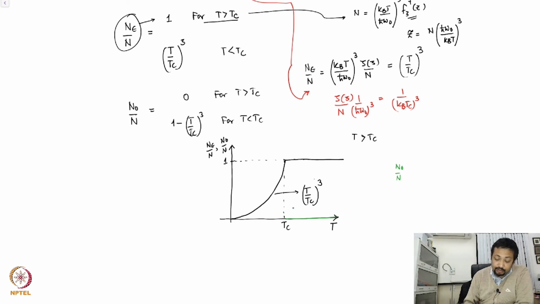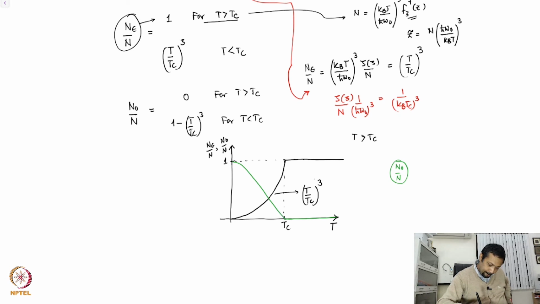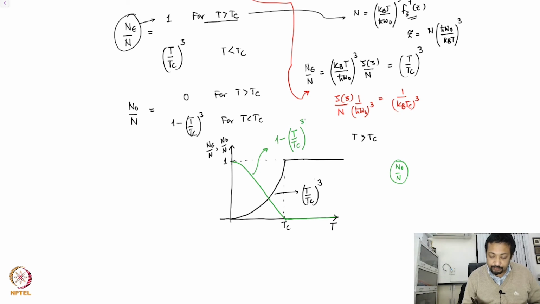As you keep on reducing the temperature below Tc, you start populating the ground state more and more, so that at T equal to 0, this ratio is 1. And therefore, you have a nice plot. Let's do it a little bit more carefully. That goes like this, and this is 1 minus (T over Tc) raised to the power 3.